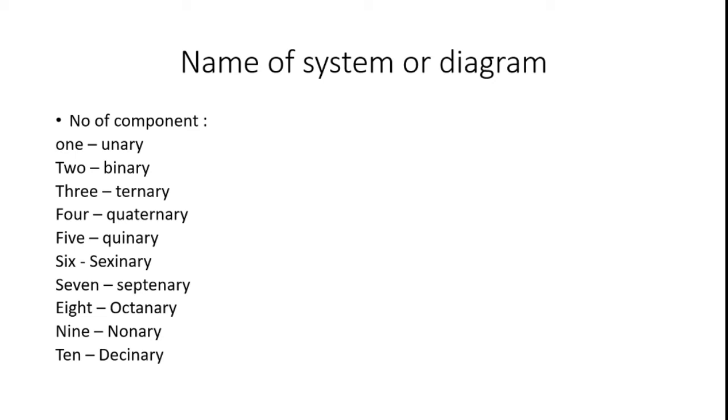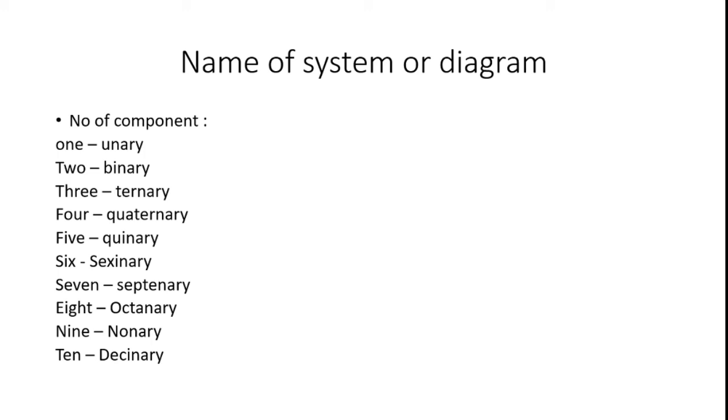Two components means binary diagram, three means ternary diagram. With respect to the number of components, we can classify the diagrams. Four means quaternary, 5 quinary, 6 sexenary, 7 septenary, 8 octenary, 9 nonary, 10 decennary. So these are the diagrams available with phase diagrams.